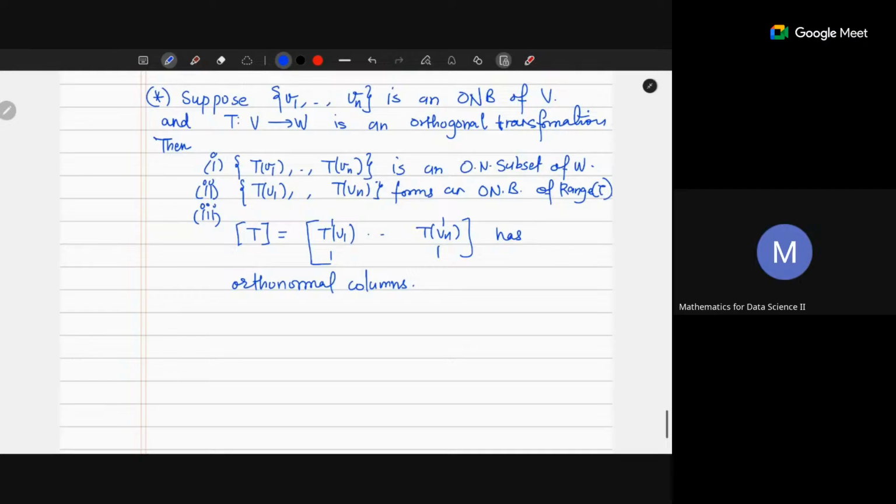All right. So are these three statements clear to all of you? If I start with an orthonormal basis of V and an orthogonal transformation, then I will have these three equivalent conditions, you would say.